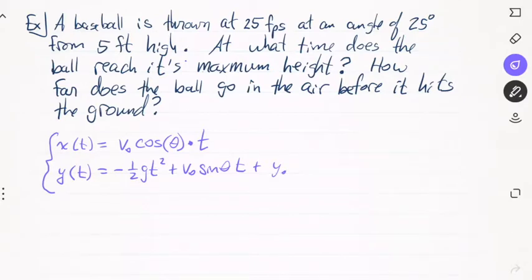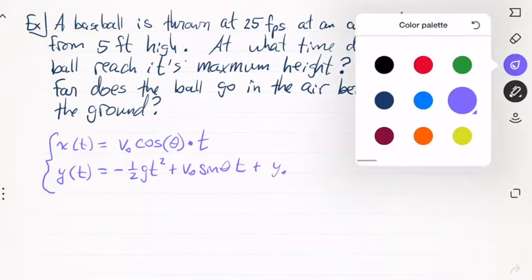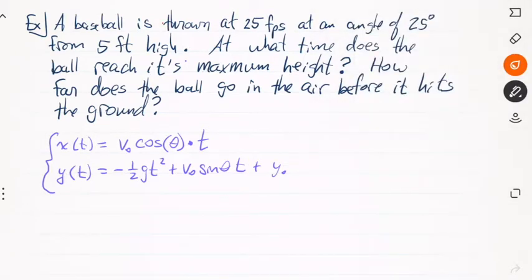All right. So if we plug in what we know, then this formula is going to change into v sub 0 is 25 feet per second. So this is v sub 0. And the angle theta is 25 degrees, so this would be theta.